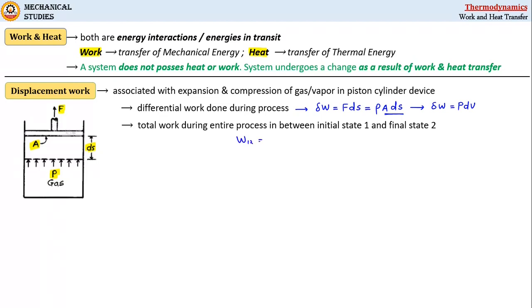This will be equal to the integral of del W between limits 1 and 2. So this will again be written as the integral of P into dV over the limits 1 to 2. Here the unit of work will be joule or kilojoule.